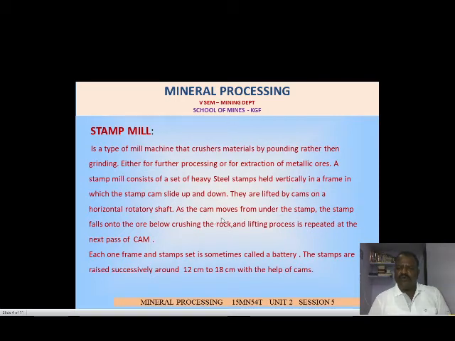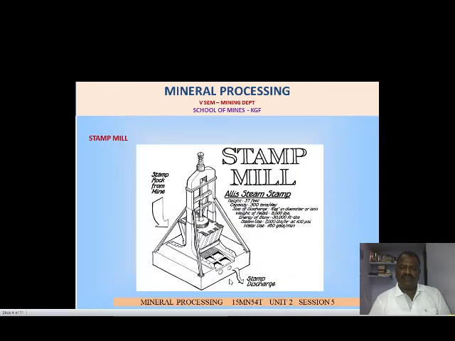As the cam moves from under the stamp, it falls onto the ore below, crushing the rock, and is lifted again. The process is repeated at the next pass of the cam. Each frame and set of stamps is sometimes called a battery. The stamps are raised successively around 12 centimeters to 18 centimeters with the help of cams.